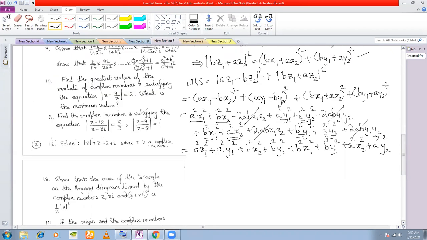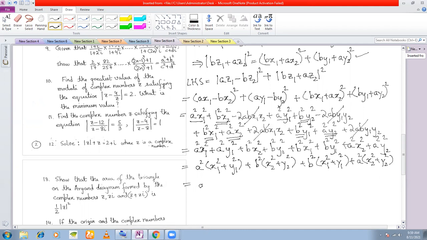Right? So now from the first two, you can take a square common to get a square times (x1 square plus y1 square). From the next, you can take b square common to get x2 square plus y2 square. From the next two, you can take b square common to get x1 square plus y1 square. And from the last two, you can take a square common to get x2 square plus y2 square.